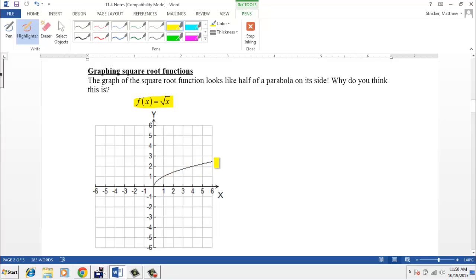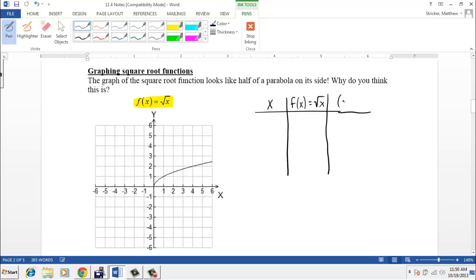And where do those points come from? Well, the same place as when we introduced the absolute value function: we have x, and then y comes from f of x equals the square root of x, which gives us an ordered pair.